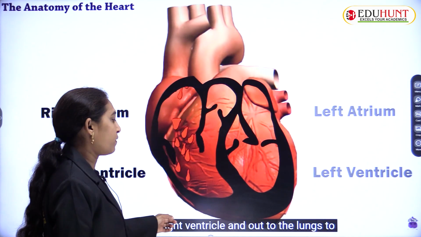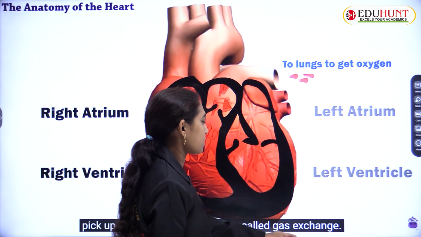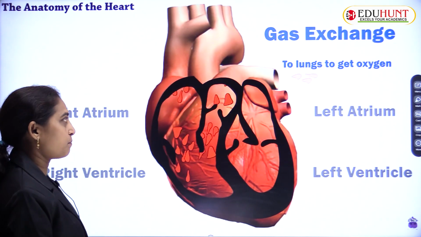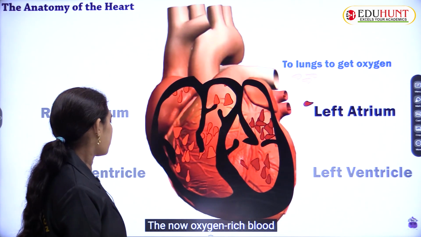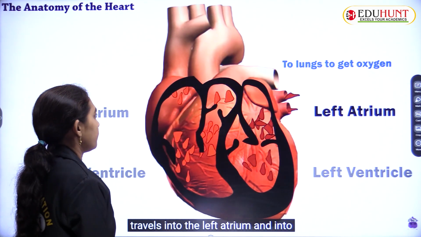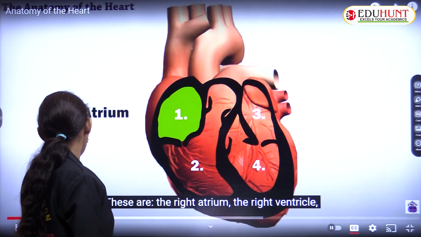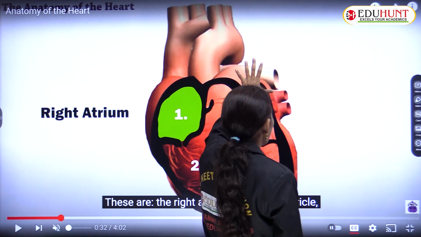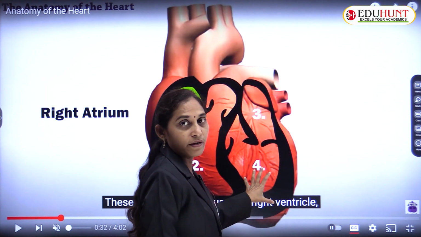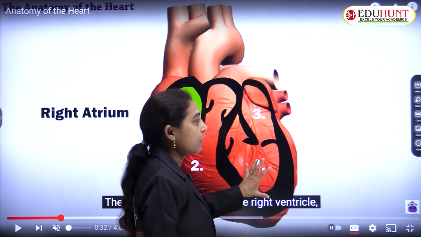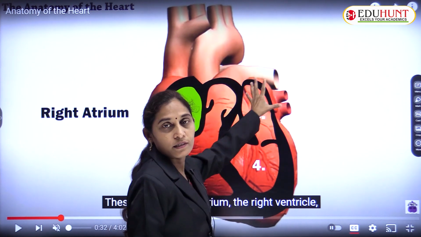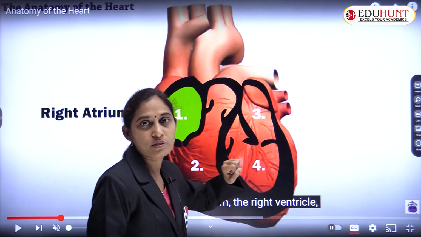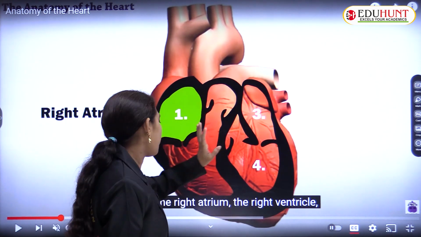It moves to the right ventricle and out to the lungs for oxygenation purpose. It picks up more oxygen. Now the pure blood is received by the left atrium and reaches the left ventricle, and from there the left ventricle pumps the blood to the various body parts.